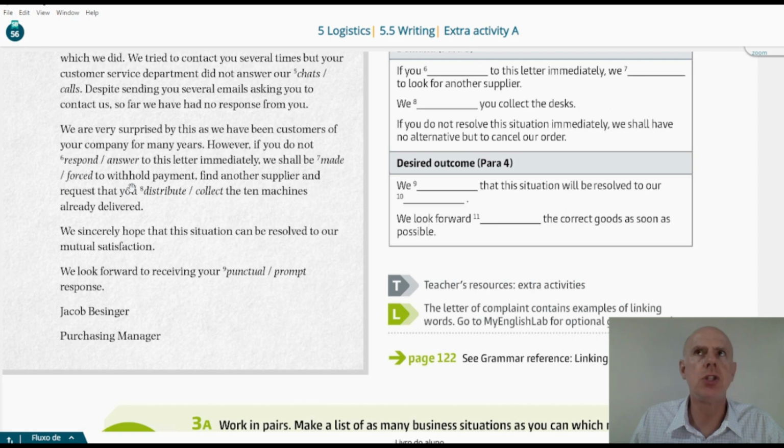Withhold is not to pay, basically. Forced, right? To withhold payment, find another supplier and request that you collect the 10 machines already delivered.